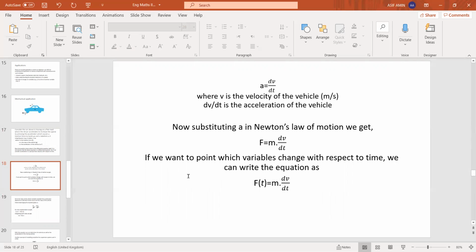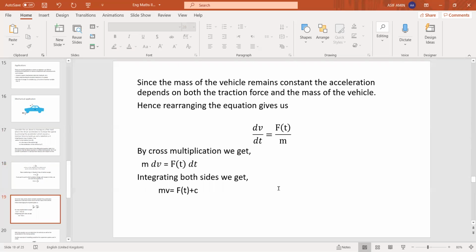And at a specific point, the equation can be written as F(t) equals m times dv over dt. Rearranging it, we get dv over dt equals F(t) over m. Now, if we integrate both the sides, we get mv equals Ft plus c. mv, what does this indicate? This indicates Newton's second law, which is that force is directly proportional to the rate of change of momentum.